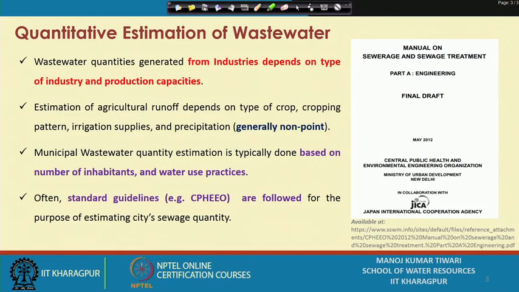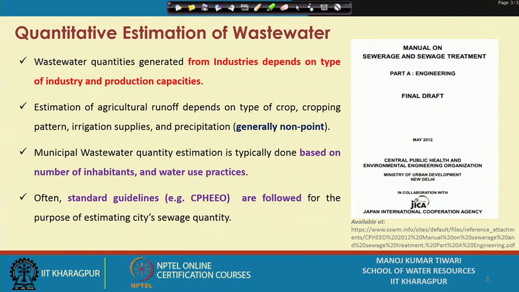It is not that simple or easy. There are engineering practices and protocols to be followed for estimating the quantity of wastewater likely to be generated from a city, and we are going to discuss those approaches. So, as we said, wastewater comes from different sources.